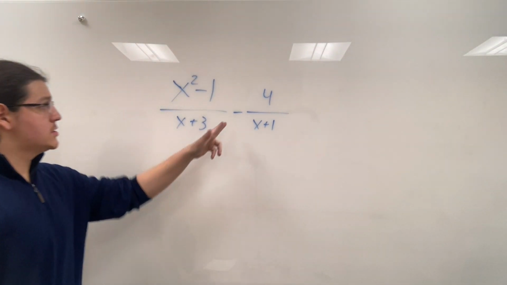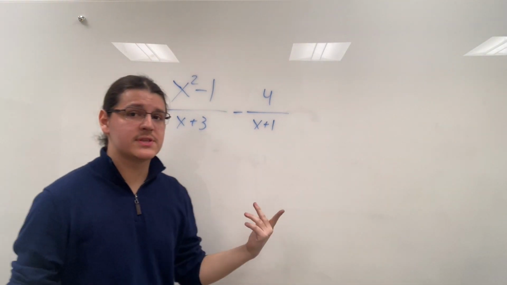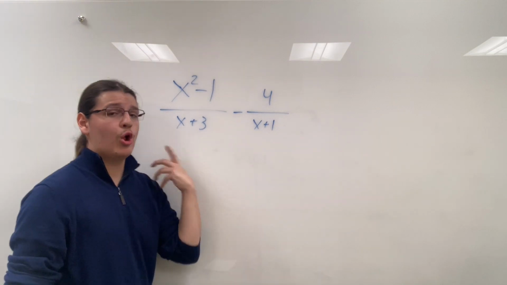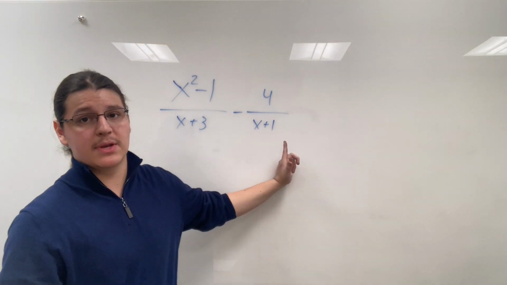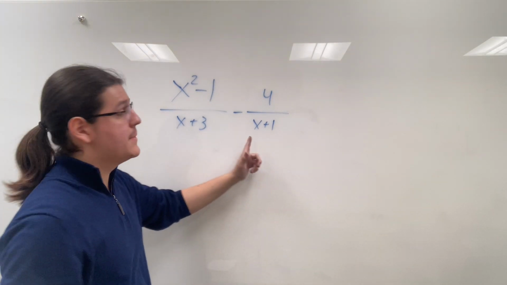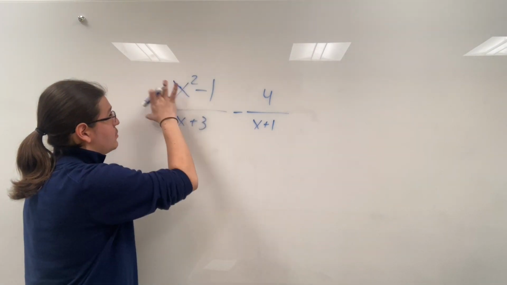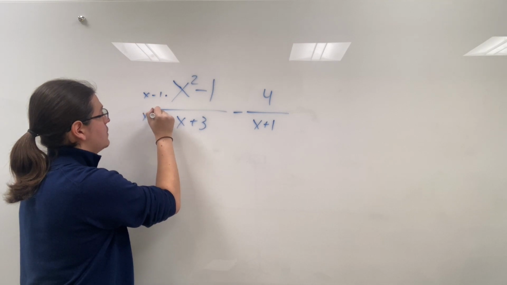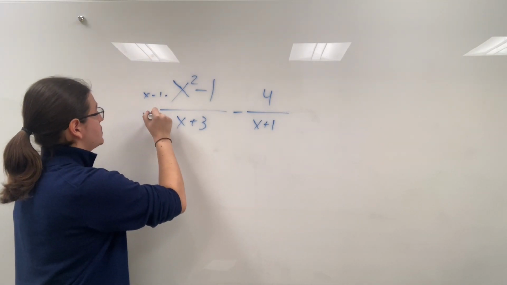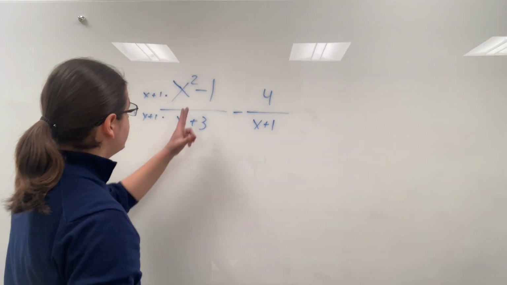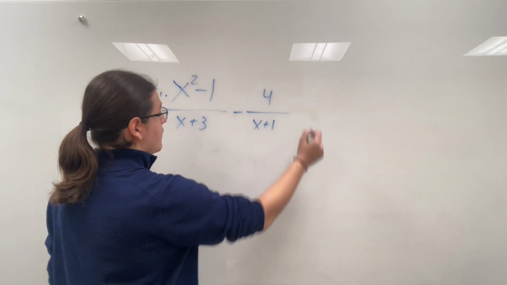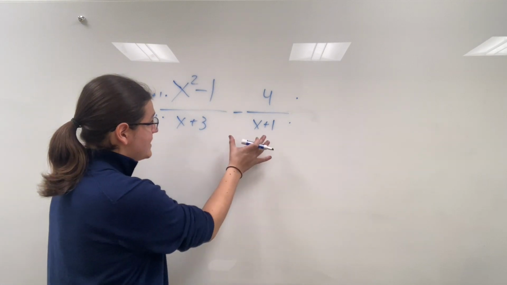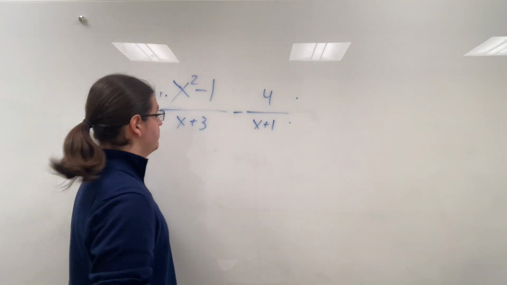Now, subtraction, our first step, you should get this into your head, the first step will always be getting common denominators. Meaning that we have to multiply this whole thing, top and bottom, by x plus 1, and then multiply the other whole thing, top and bottom, by this term right here, because we need the denominators to be the same.